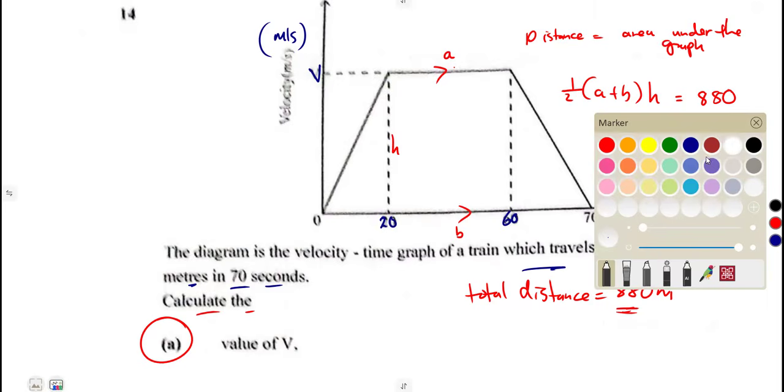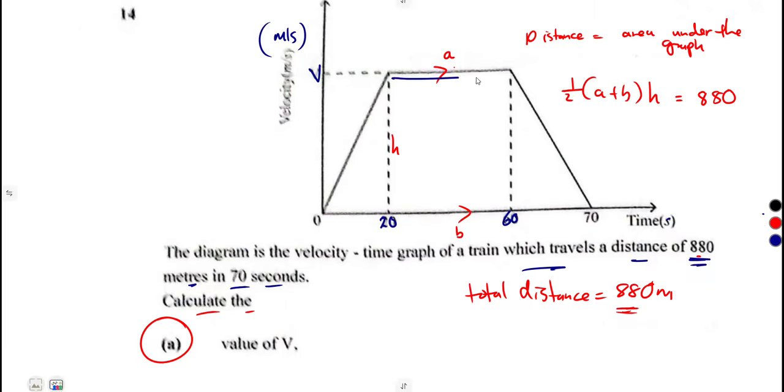So A is the difference between these 2 points, 20 and 60. So that's 60 minus 20, which is 40. Then B is from 0 to 70, so that's 70 minus 0, which is 70.